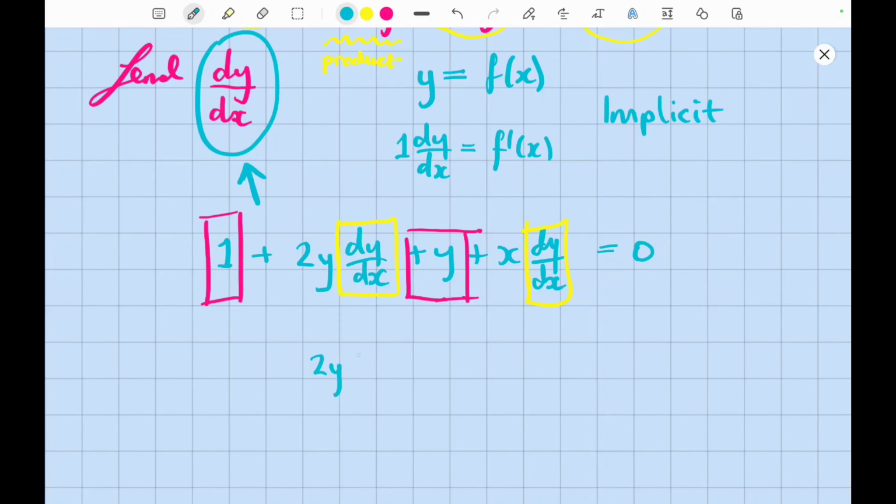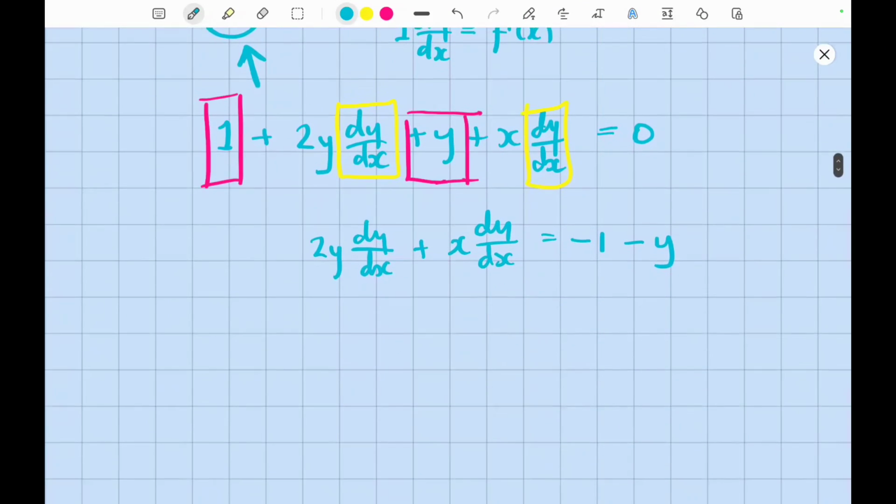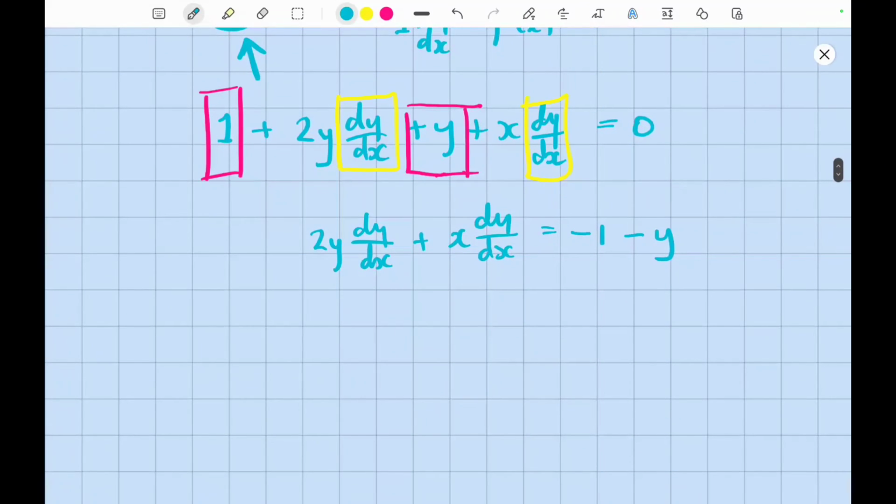We'll end up with 2y dy dx plus x dy dx, and then those two terms I've decided to move over will just change their sign. So -1 negative y, in no particular order. I think usually we see the numbers first, and then we'll factorize the dy dx out of these two terms.